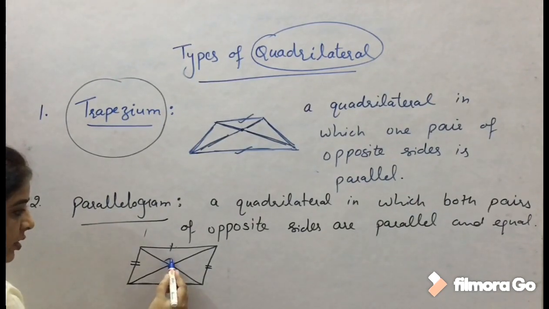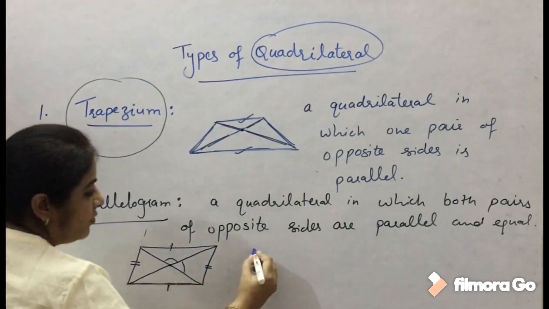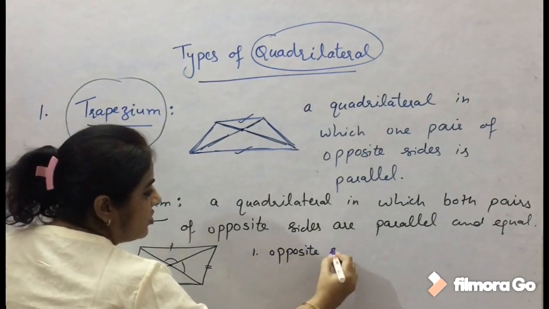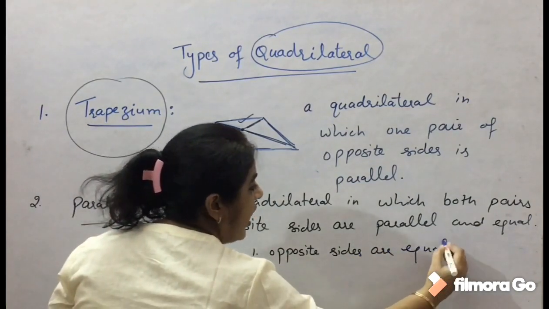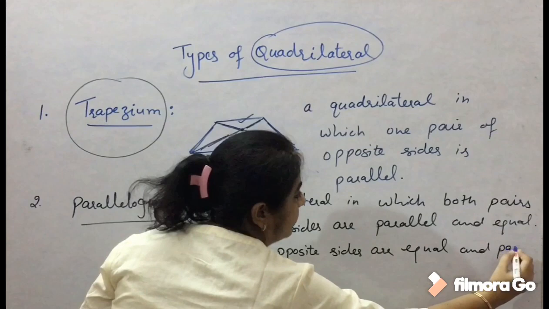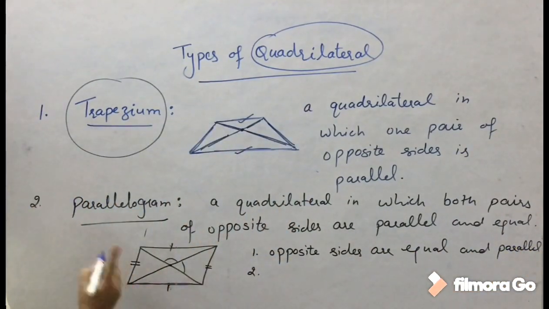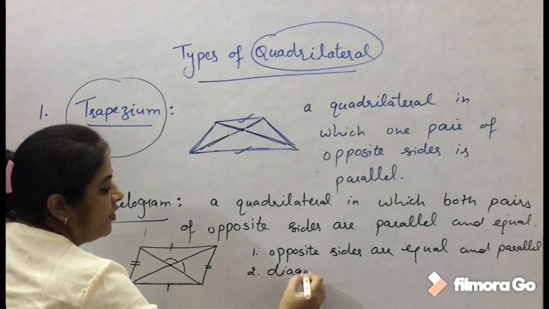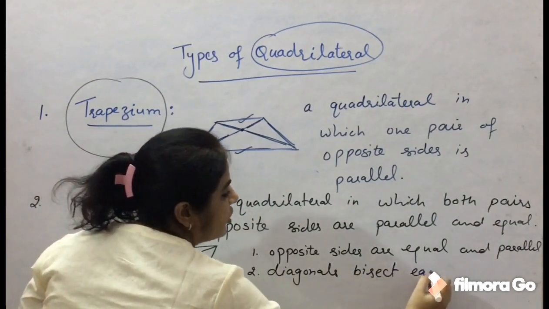We are observing this is your obtuse angle, this is your acute angle. And also what are the properties of this? That opposite sides are equal and parallel. Second, diagonals bisect each other. What is the meaning of diagonals bisect each other?